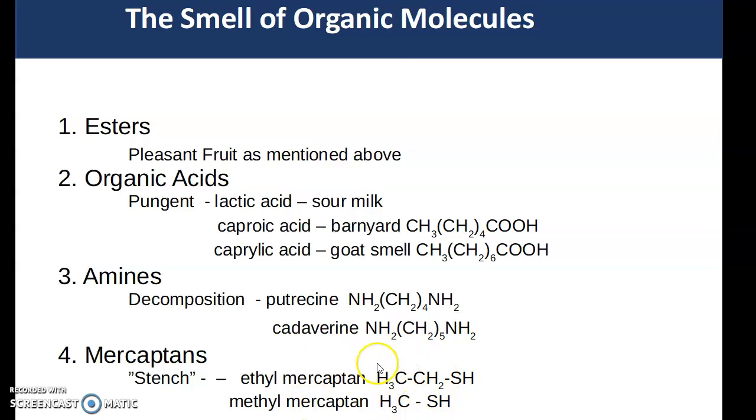These compounds are very useful, and very, very small concentrations are added to natural gas and other gas products, so that if there is a leak, you can tell it very easily. The skunk smell falls into the same category. It's 1-butanethiol, C4H9SH, is the skunk smell.